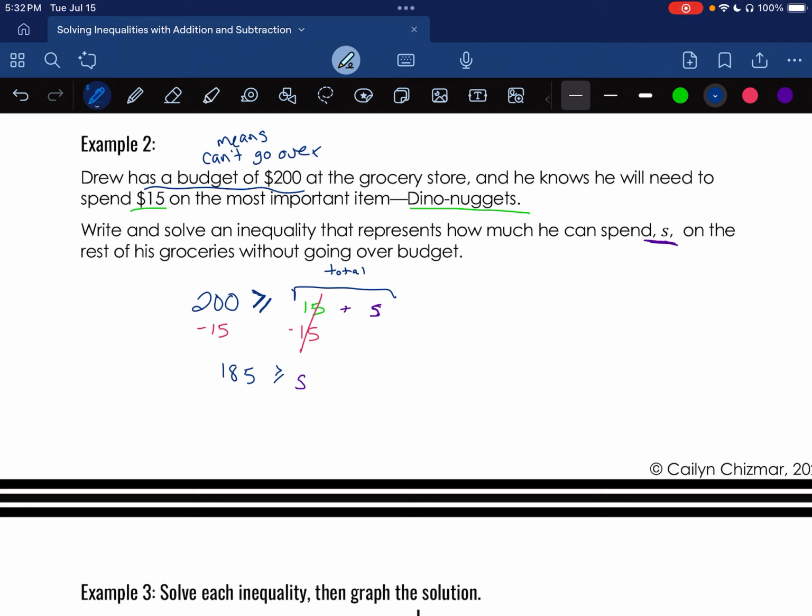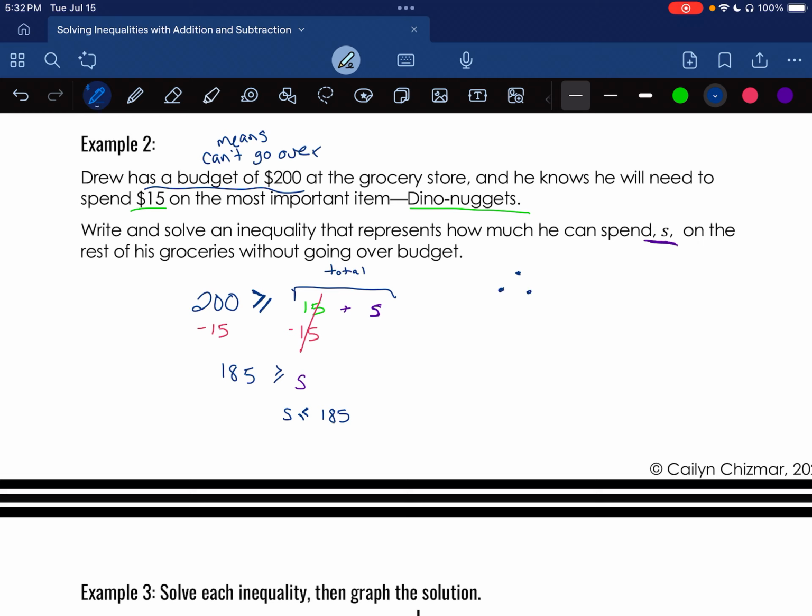Or if it makes more sense to you, you can write it this way, making sure the direction also gets changed, right? So it means that S is still the smaller thing, okay? And so we can use this little symbol here. It means therefore.